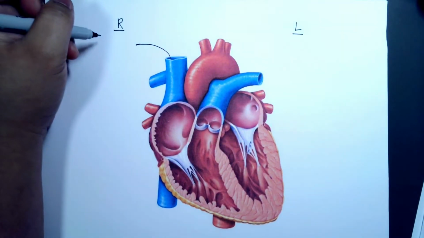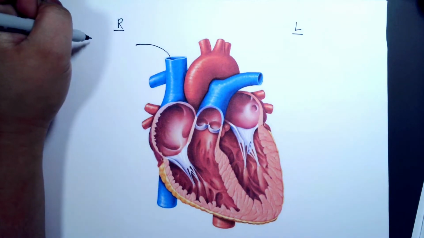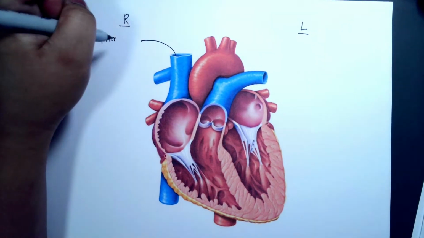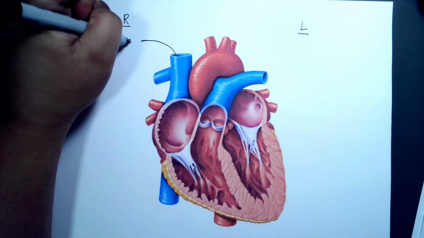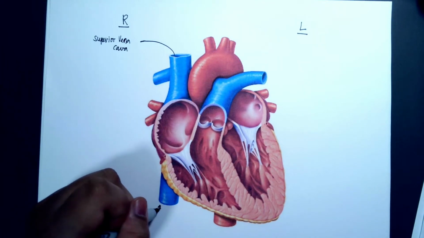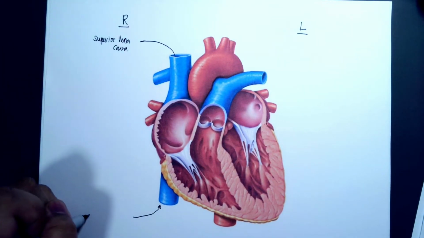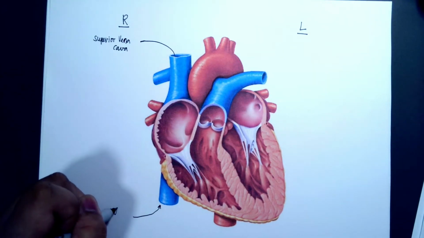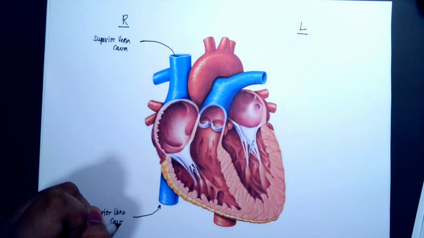The blood that came from the top part of our body enters the superior vena cava, and the blood that came from the lower part of our body enters the inferior vena cava.